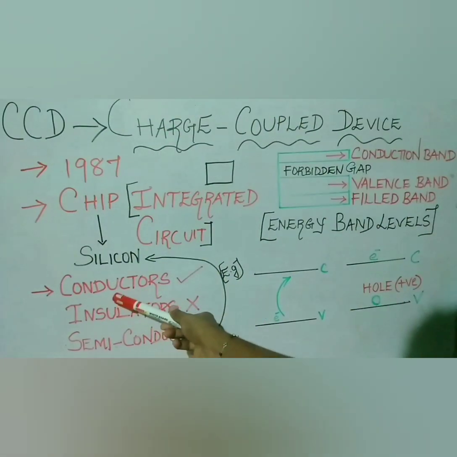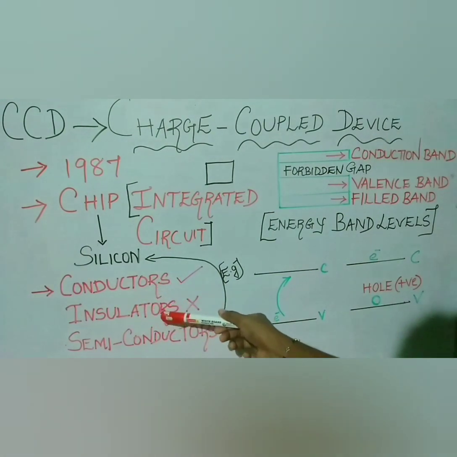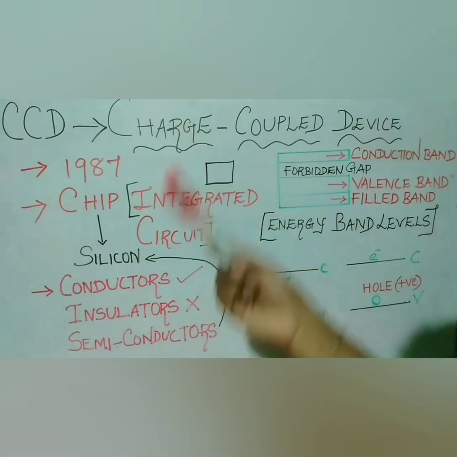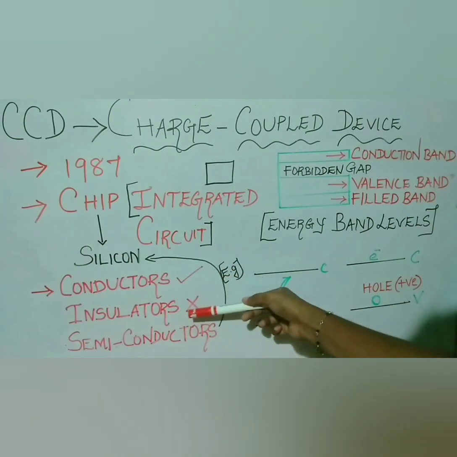Next we need to study about conductors, insulators and semiconductors. Conductors are the substances in which electric charge moves freely. Insulators are the substances which do not allow electric charge to move freely through them. Semiconductors are the substances having their conductivity intermediate between conductors and insulators.